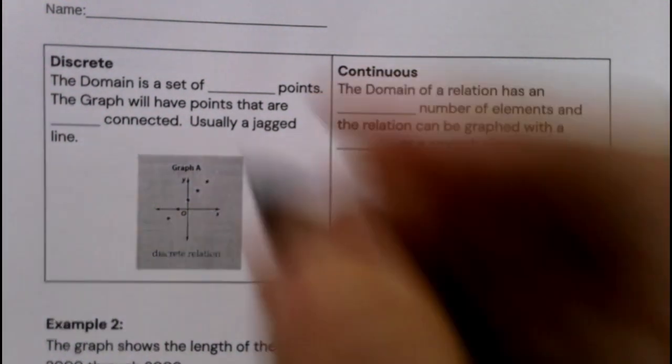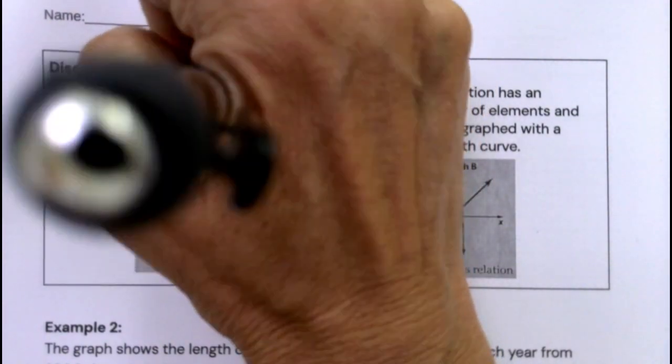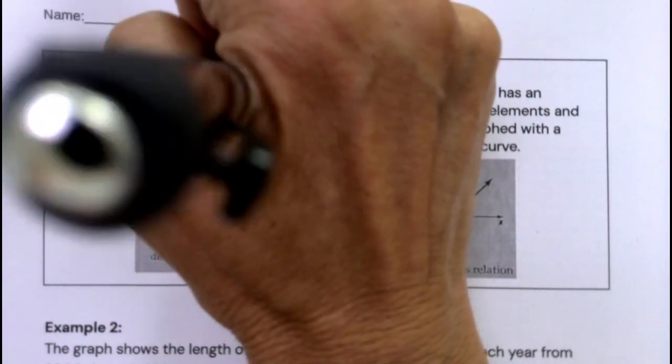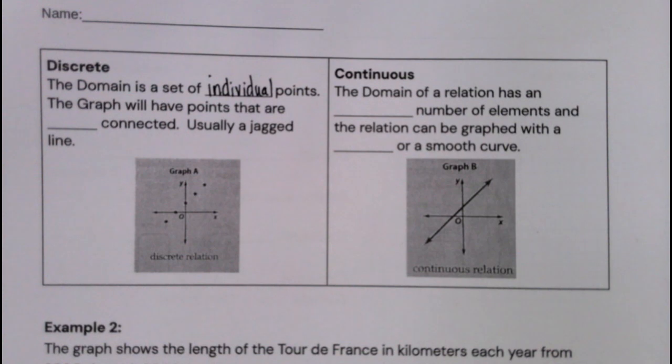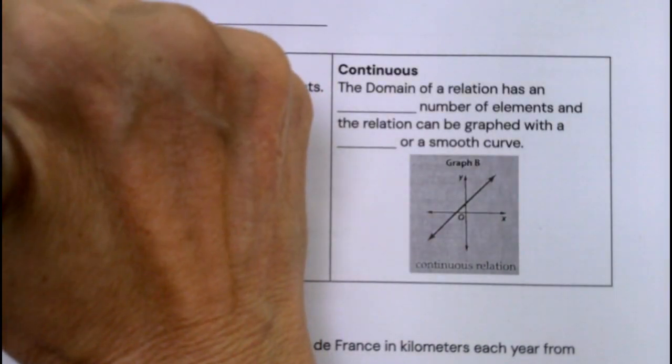They're dots, okay? And the graph of a discrete function will have points that are not connected. They cannot be connected.